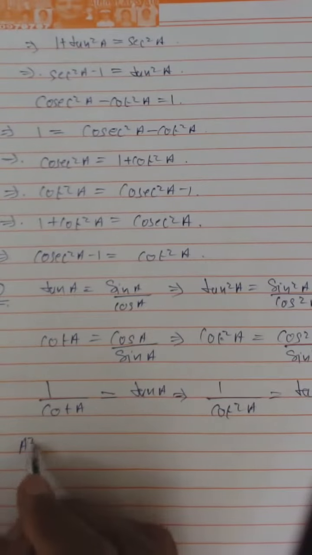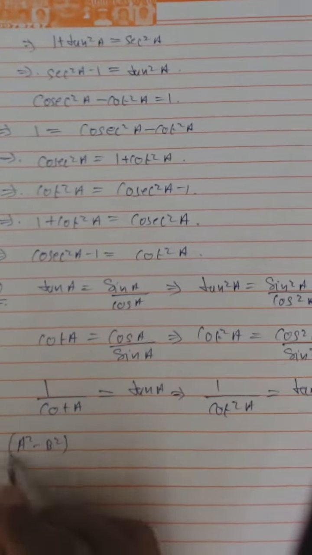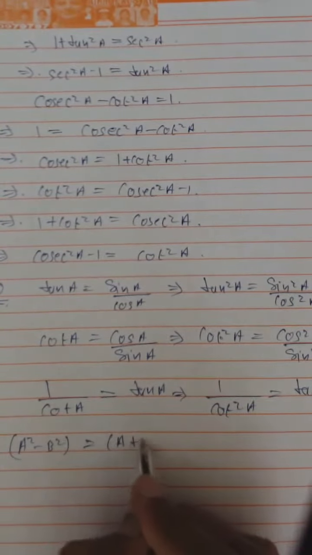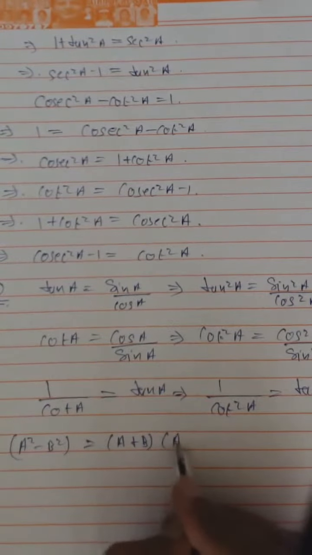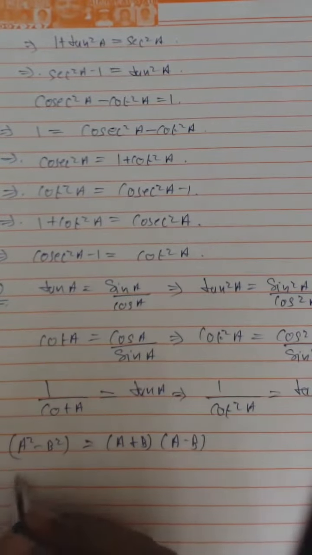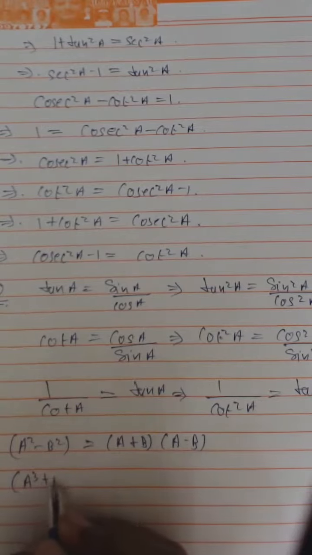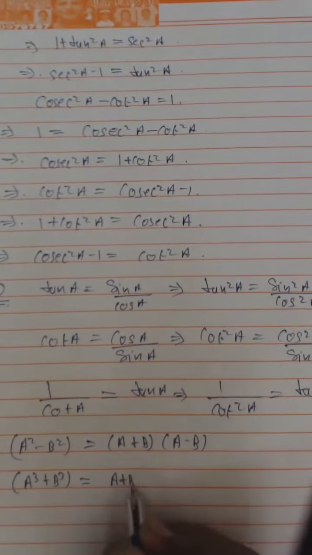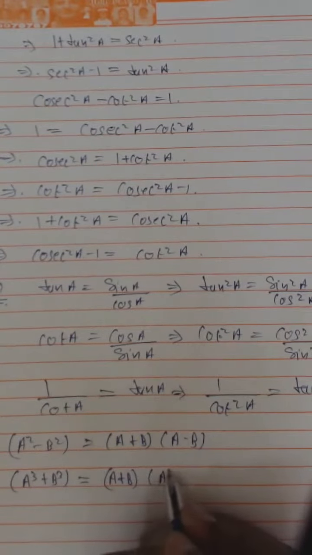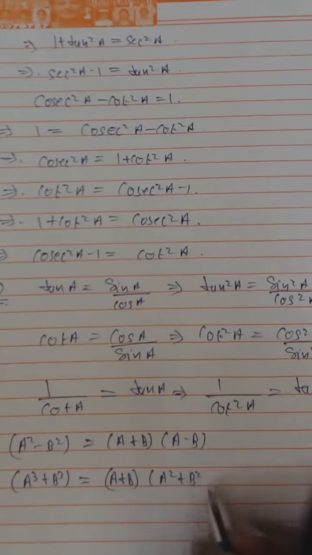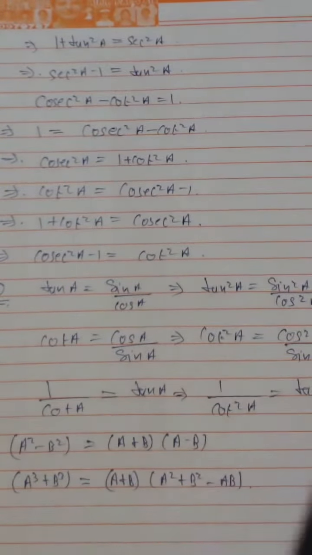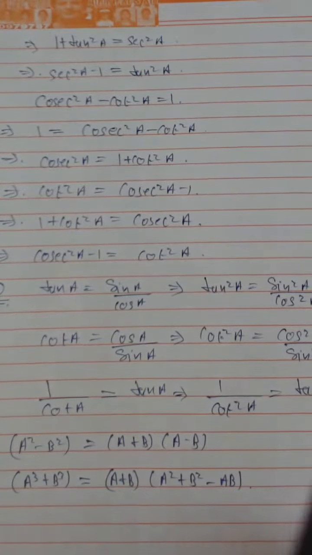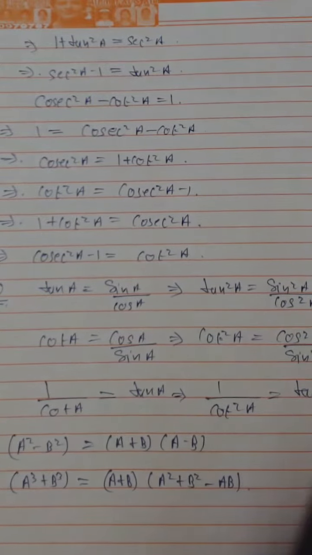One more very important thing, a square minus b square gives you (a plus b) times (a minus b), and a cube plus b cube gives you (a plus b) times (a square plus b square minus ab). Okay, so these are the things.